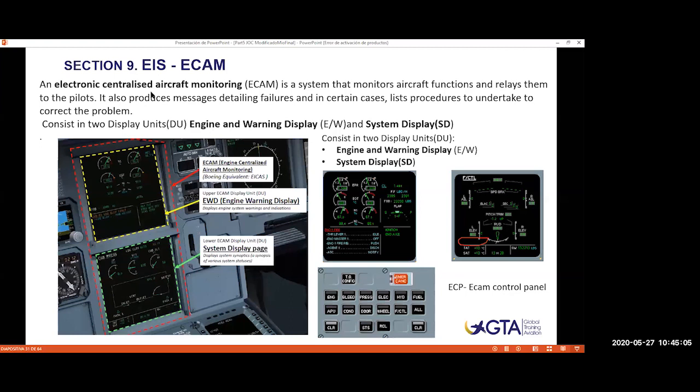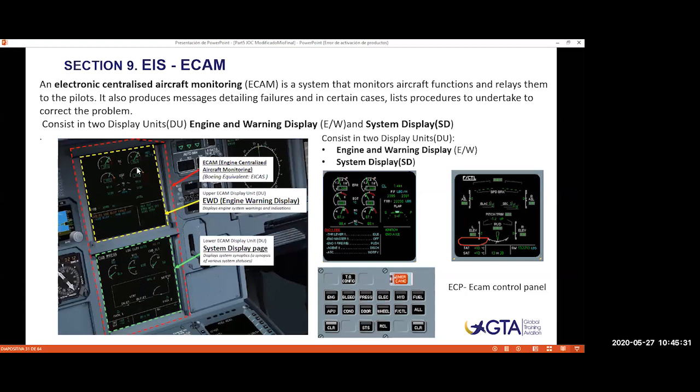This system monitors aircraft functions. All of the functions of this aircraft can be monitored by this system, and it relays this information to the pilots.